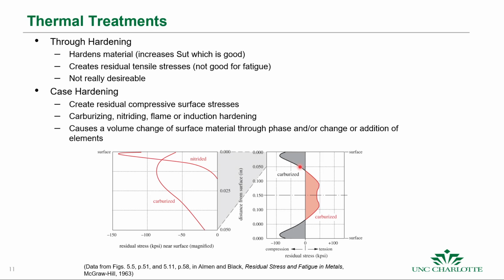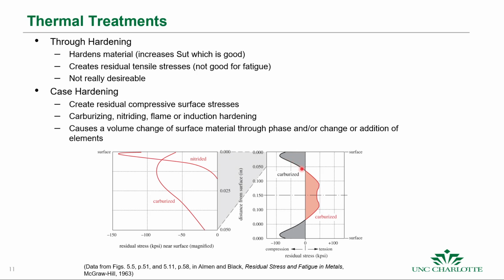In this case, I'm not 100% sure which dimensions these are. We go to 0 and then 150 and then back to 0. I think these are in inches. So this would be like 50 thousandths. It goes into the surface, which is pretty deep.